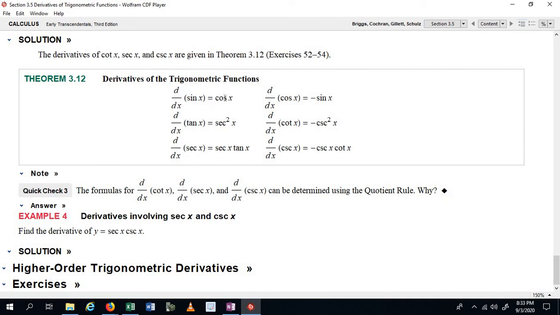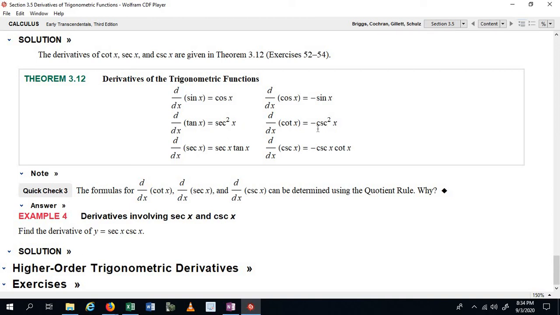Okay, let's see if this pattern continues to hold. When you take the derivative of tangent, you get secant squared. Okay? When you take the derivative of cotangent, which is a cofunction, you do have a minus sign in front. And you can see that this is cosecant squared, which is the cofunction of secant.